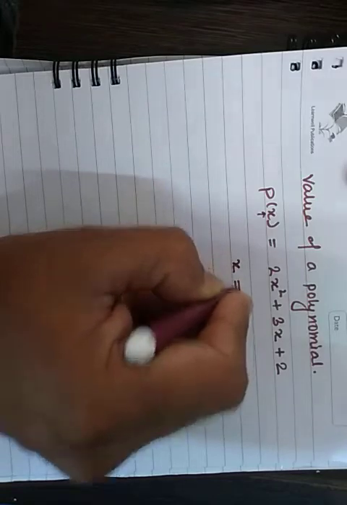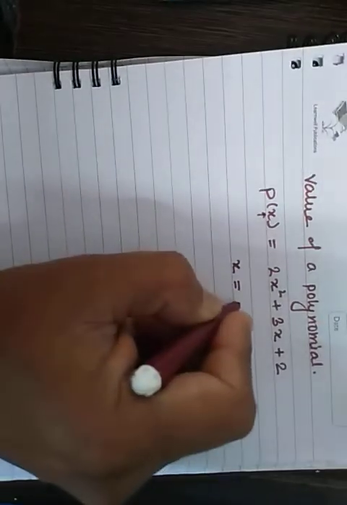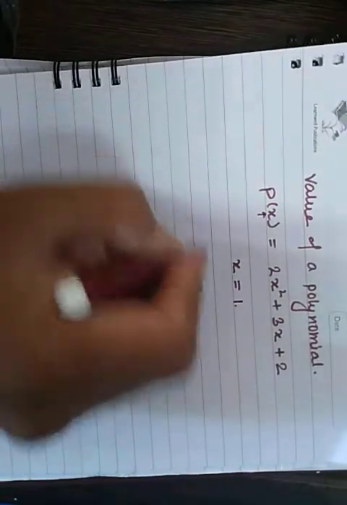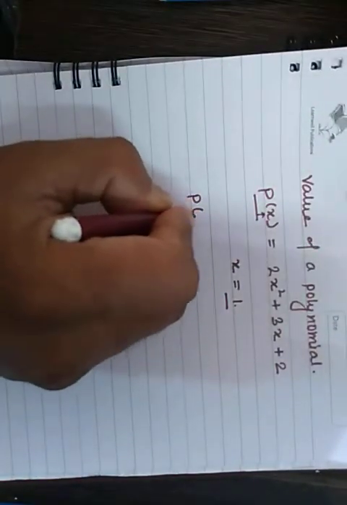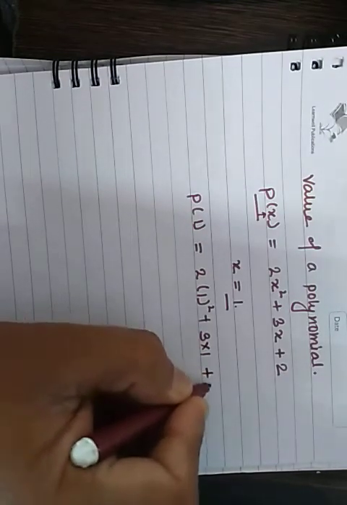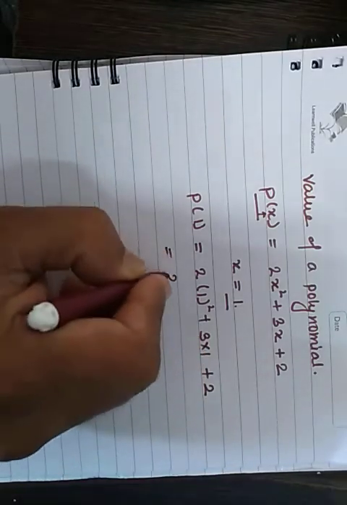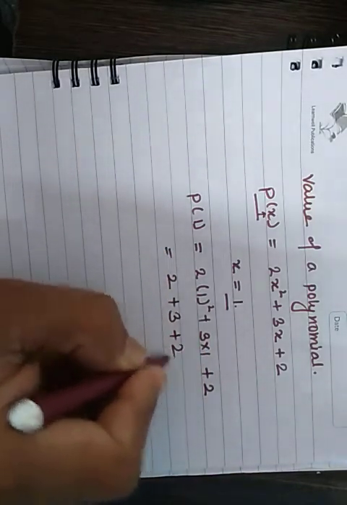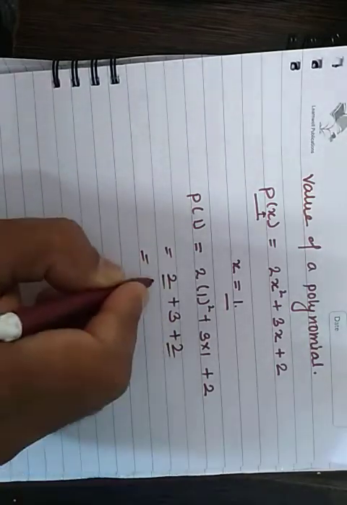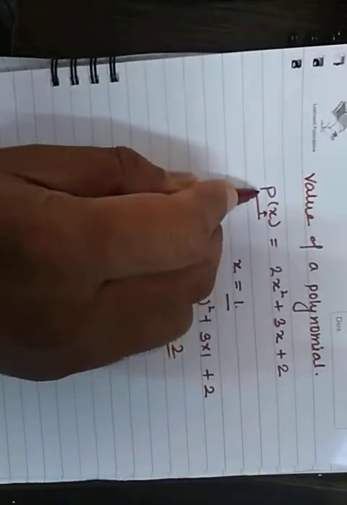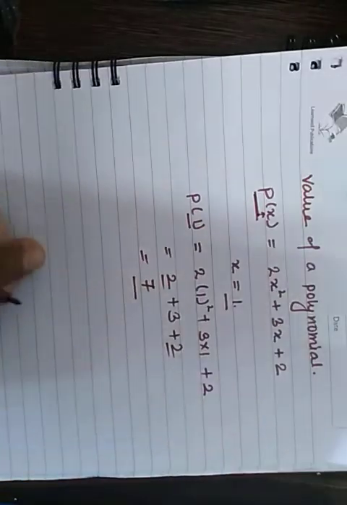So for x equals, we can consider any value, let it be 1. The value of p(x) at x equals 1: instead of x I will write 1, here also instead of x I will write 1. 2 into 1 square plus 3 into 1 plus 2. So this becomes 2 plus 3 plus 2, that is 4 plus 3, 7. So the value of this polynomial at 1 is equal to 7.